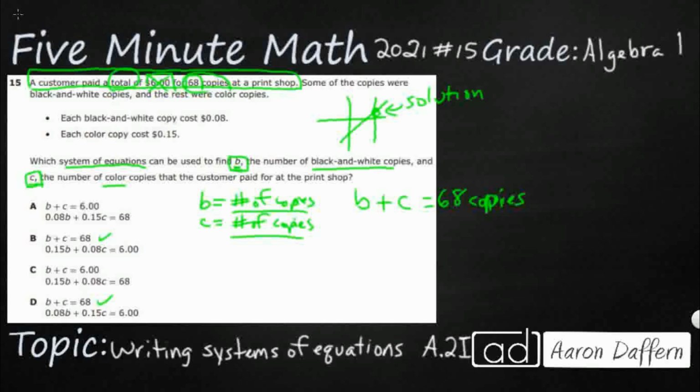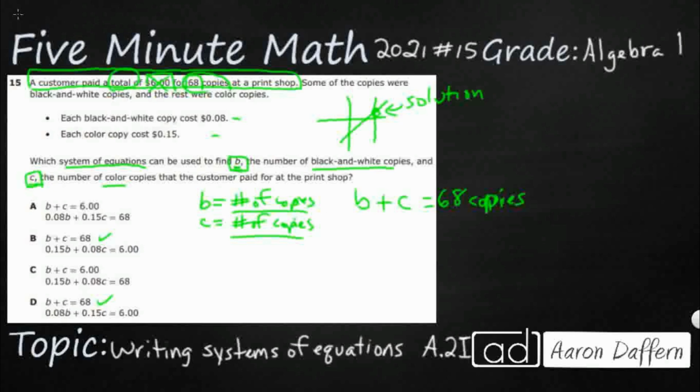Okay, now money does get involved, but money gets involved down here. We've got 8 cents for each black and white copy. We've got 15 cents for each color copy. Okay, so let's take our black and white first. Black and white copies.